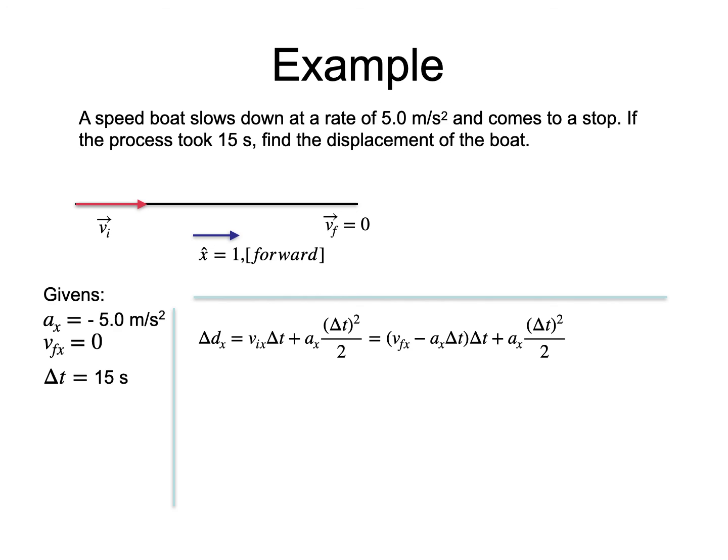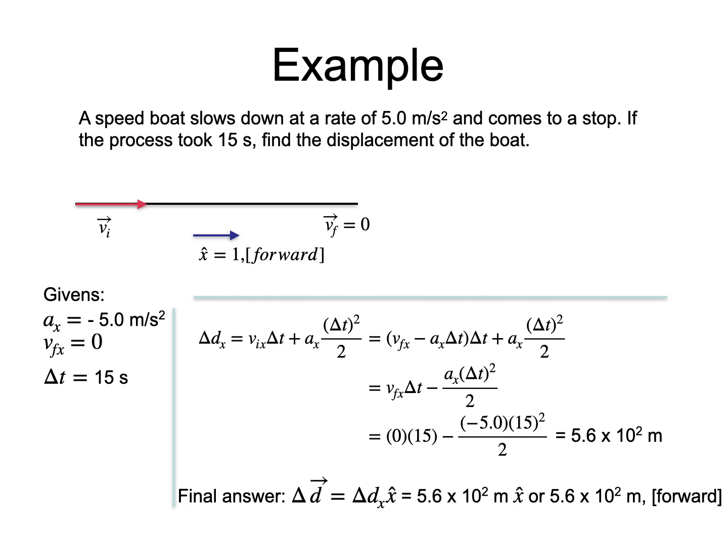Collecting terms alike leads to this equation, which only uses our givens. We can substitute the givens and get the numerical value for the x component of the displacement. All that is left is to write the final answer, which is the vector displacement, not just the x component of the displacement.